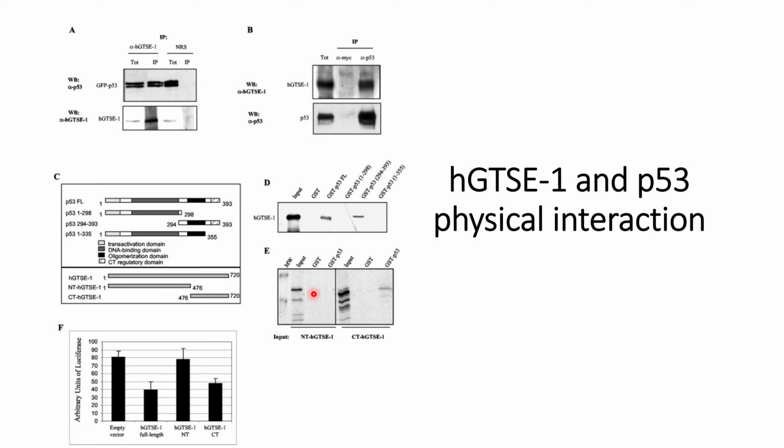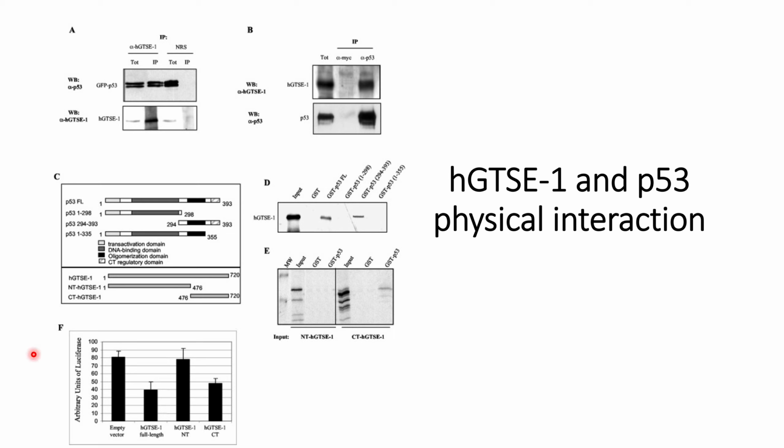They did it on the full length p53 to check the interaction. They found that when they use the N-terminal hGTSE, they do not see any signals for p53, and when they use the CT hGTSE, they see signals for GST p53. From this they conclude that the C-terminal region of hGTSE-1 is interacting with p53.